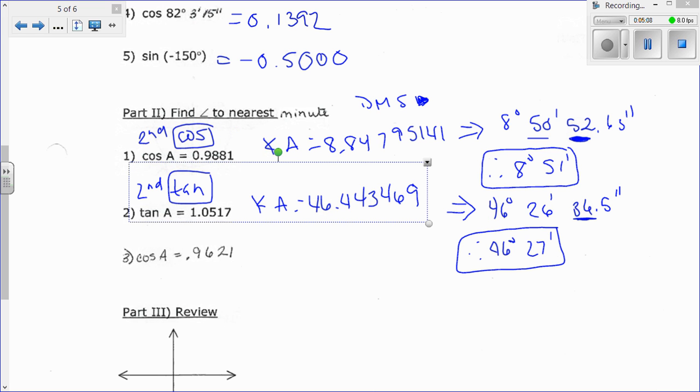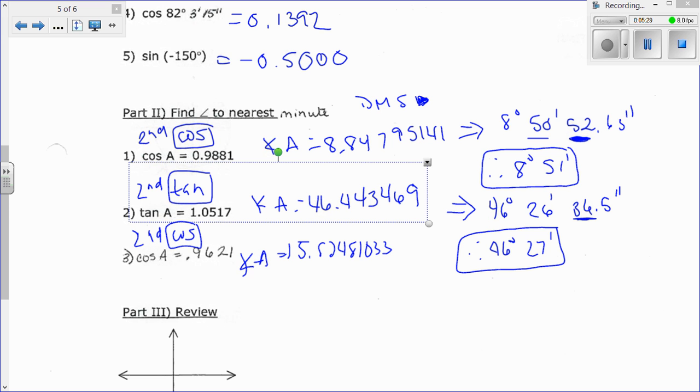And then finally, cosine of A equals 0.9621. Again, second cosine, and I get angle A equals 15.82481033.